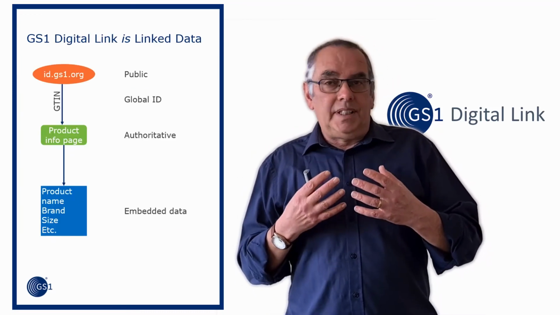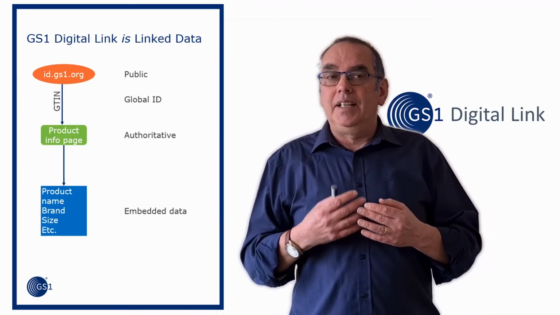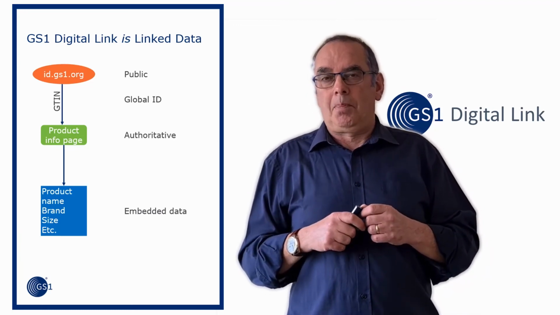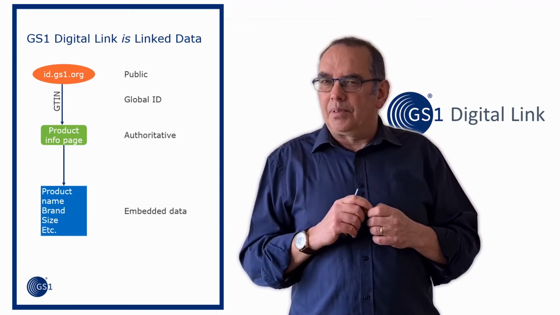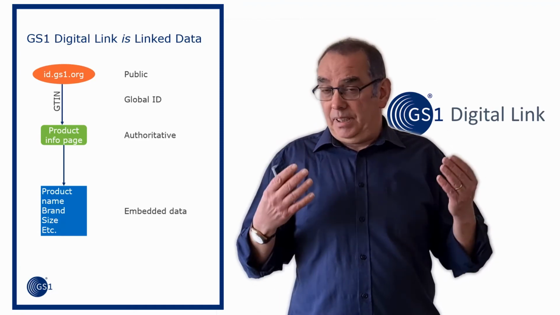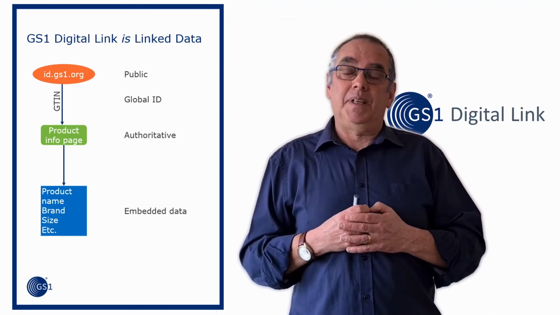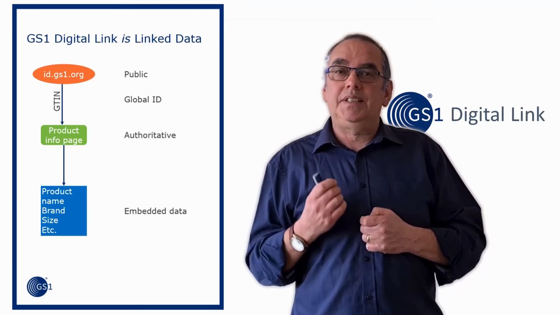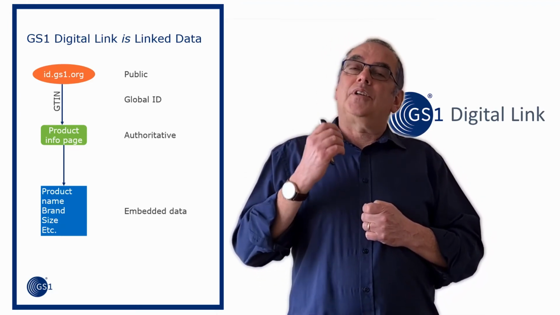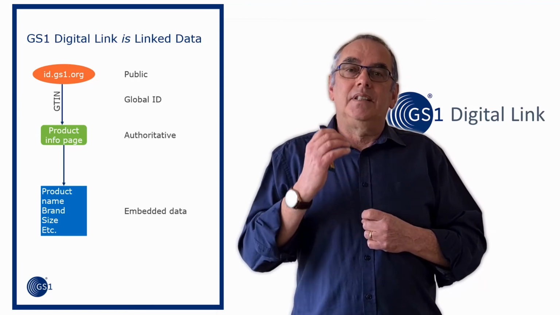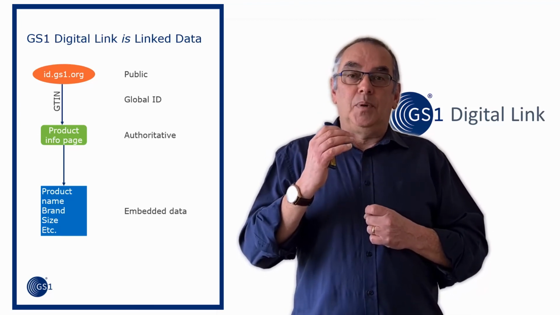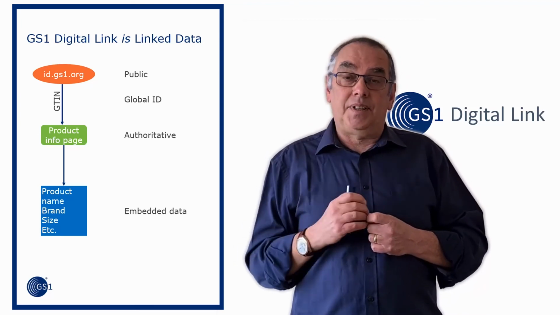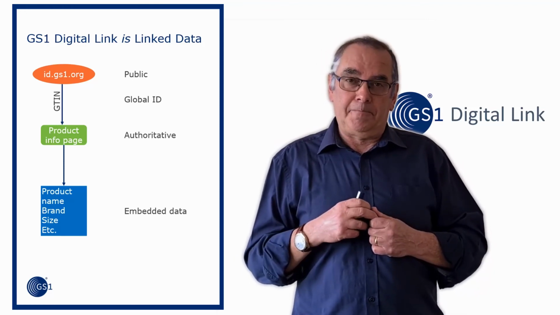What GS1 Digital Link has the potential to do in the near future is that the resolver that we're operating is a completely unrestricted public source of information based on GS1 globally unique identifiers that goes to brand authorized information with embedded data within it using the GS1 web vocabulary.